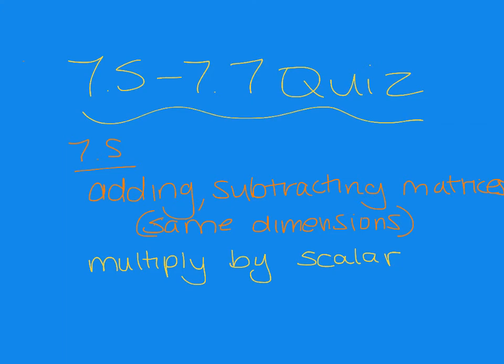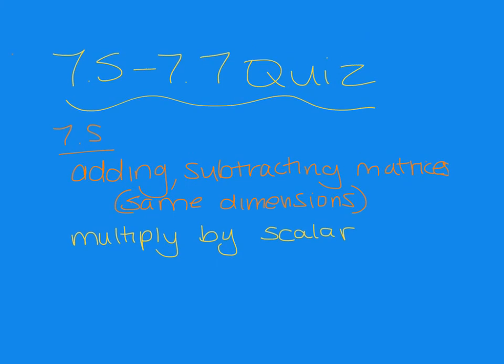And then also in this section was multiplying matrices. And this is the one where the inner two numbers must match. And the result is the outer two.